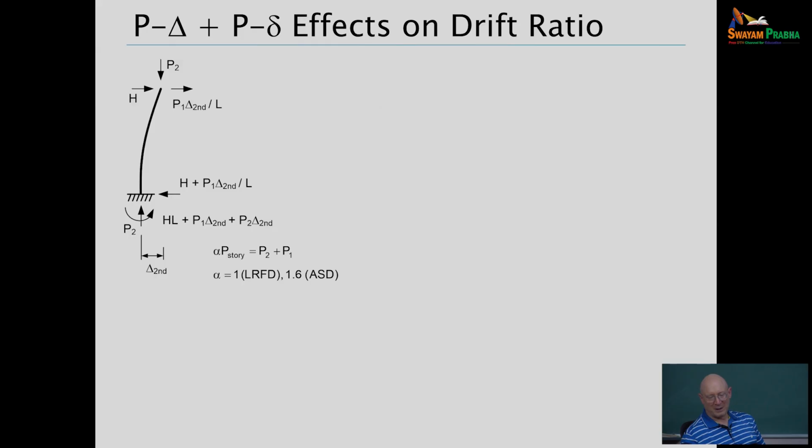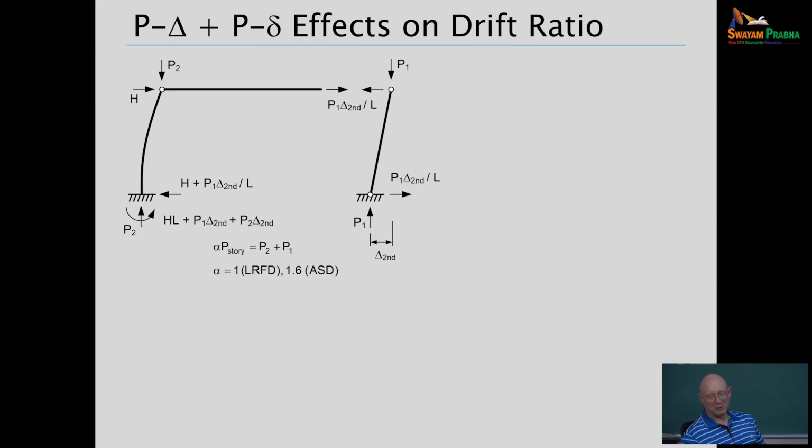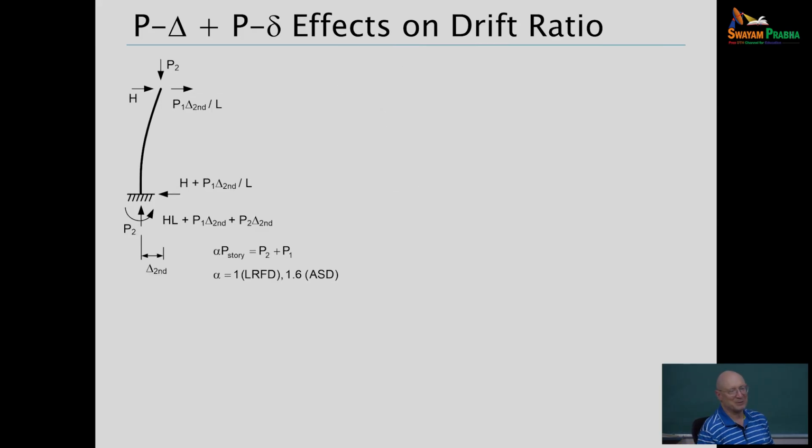So what am I doing here? I'm going to simply focus on the lateral load resisting column now, with the load P1 times delta second over L being transferred to it. So there you have it. Same system, but now just focusing on a free body diagram of the cantilever. And again, alpha P story is P2 plus P1, the total story vertical load.